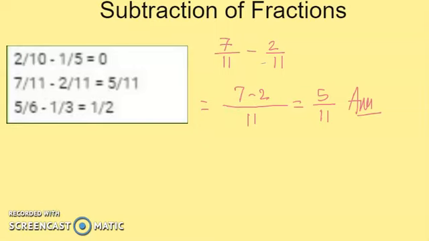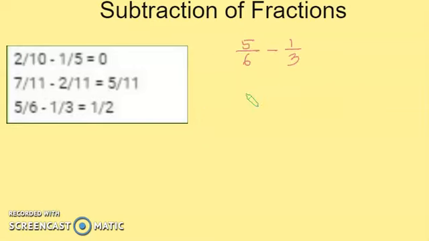Now moving to question 3. As you can see here, question 3 is 5 by 6 minus 1 by 3. So first we will take a look at the denominators, as I have been telling every time. So this time the first denominator is 6 and the second one is 3. So they are unequal.